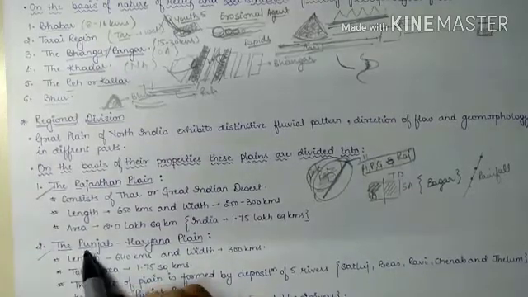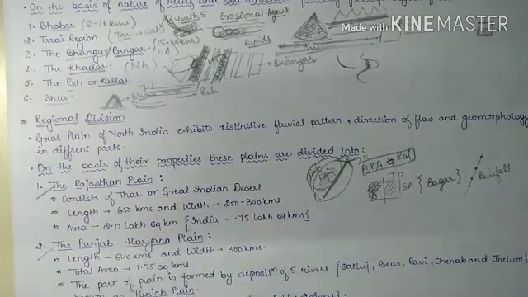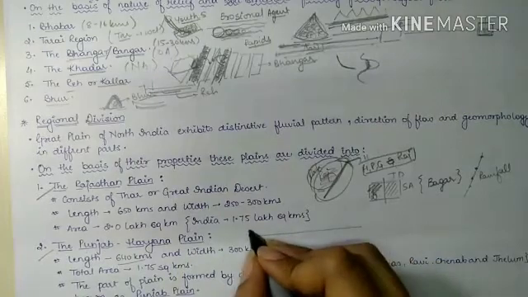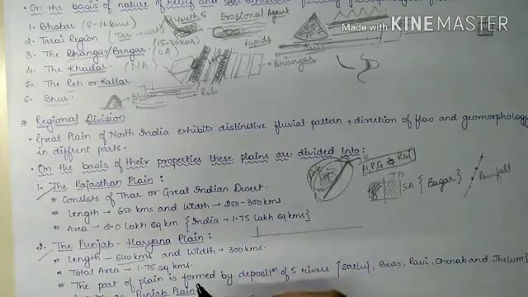Then we have the Punjab Haryana plain. After the Rajasthan plain, or the Great Indian Desert, we have the fertile plain of Punjab and Haryana, which lies towards the east and northeast part. The length of this area is 640 kilometers and the width is 300 kilometers. The total area of this plain is about 1.75 lakh square kilometers.